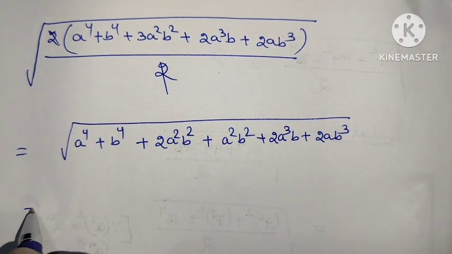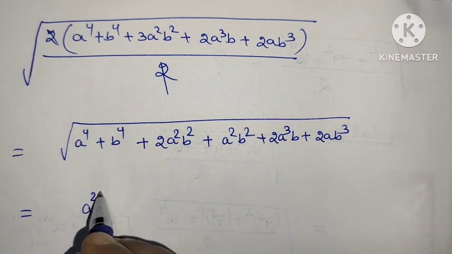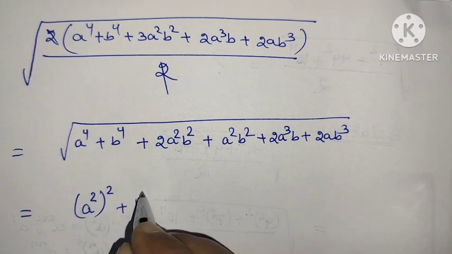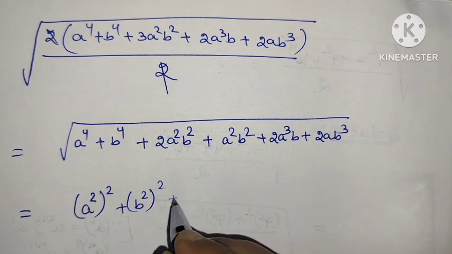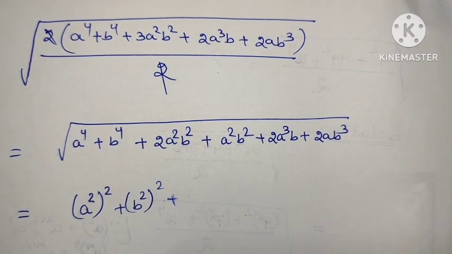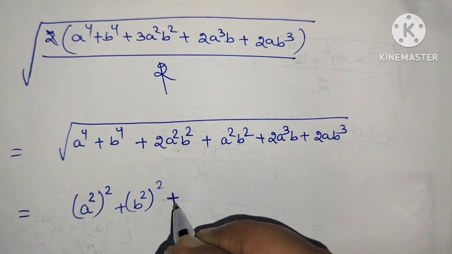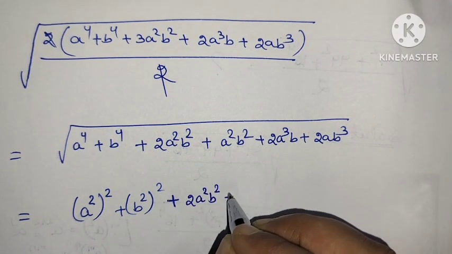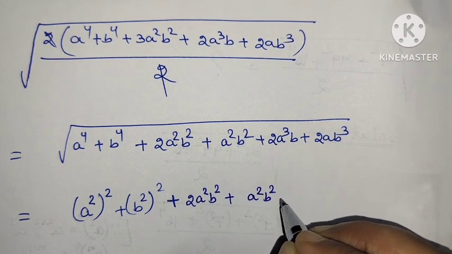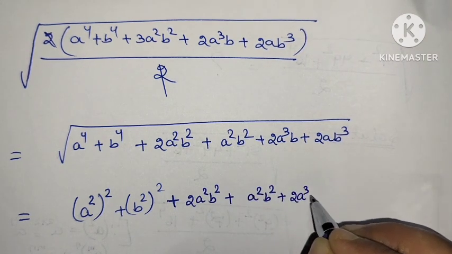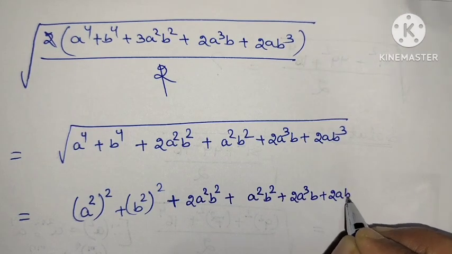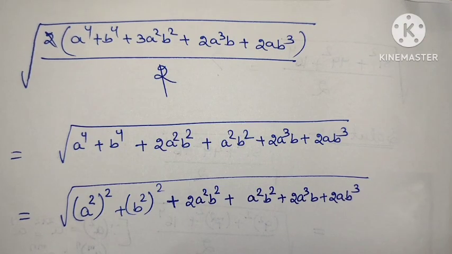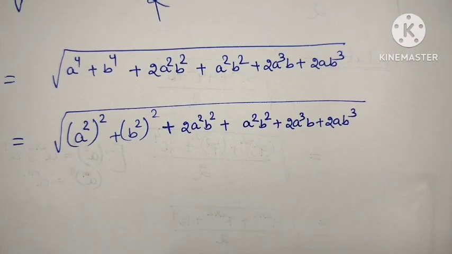Yes. Then the next step is A square whole square is A^4, then plus B square whole square plus 2A square B square plus A square B square plus 2A cube B plus 2AB cube, root over. Yes.